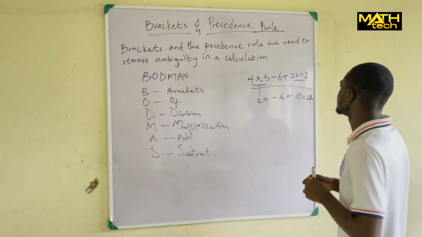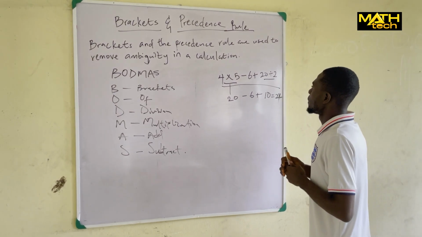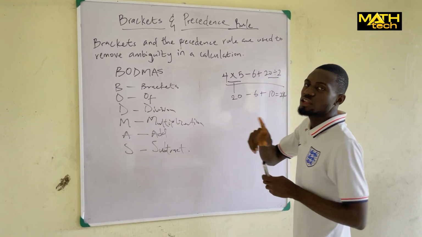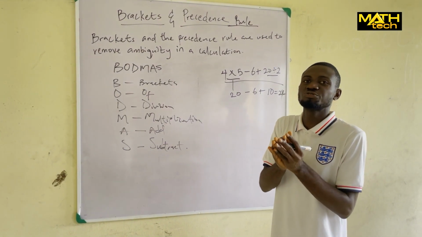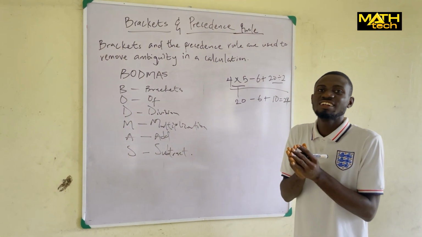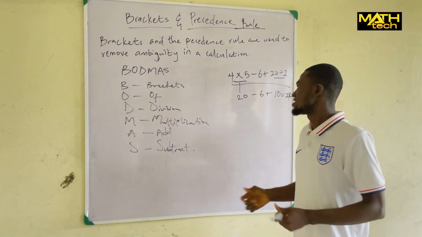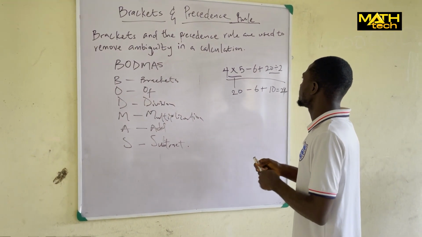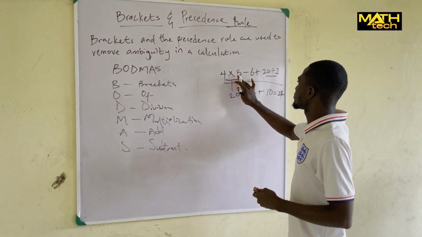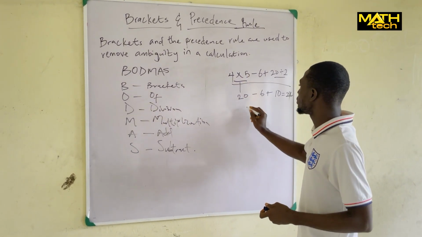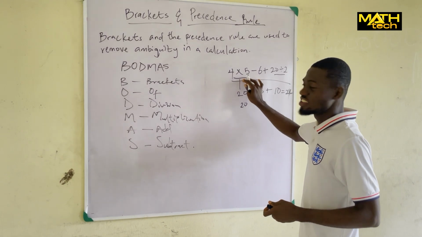But let's do it this other way. Let's say we are not following the precedence rule, we just want to solve this randomly, or zigzag. So 4 times 5 will give me 20.